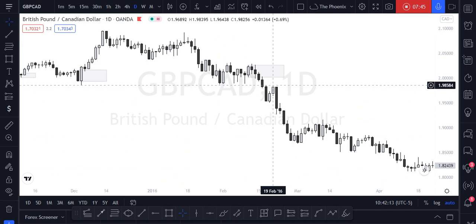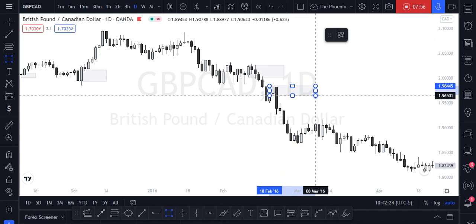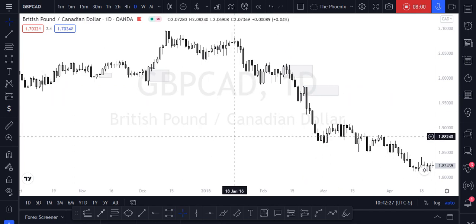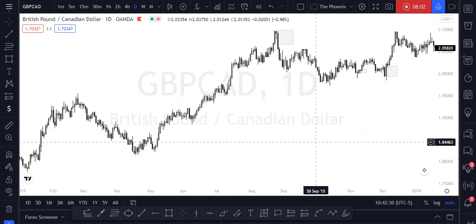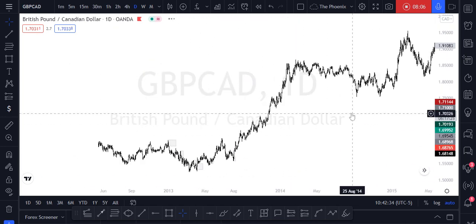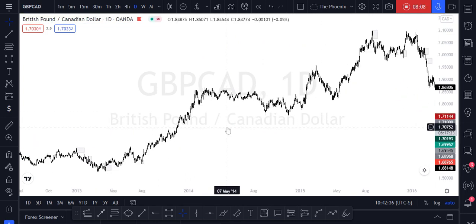And I'll go over the reasoning or the logic behind the creation of order blocks, and why sometimes they create the manipulations or inducements that they do. So for example, let me find an example. Okay, here's an example.